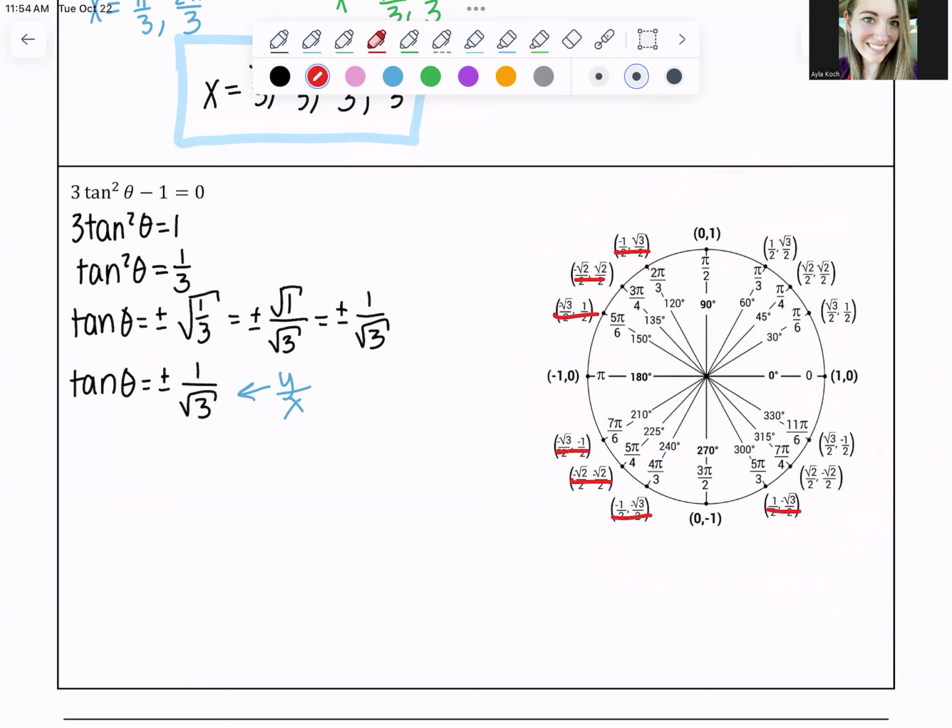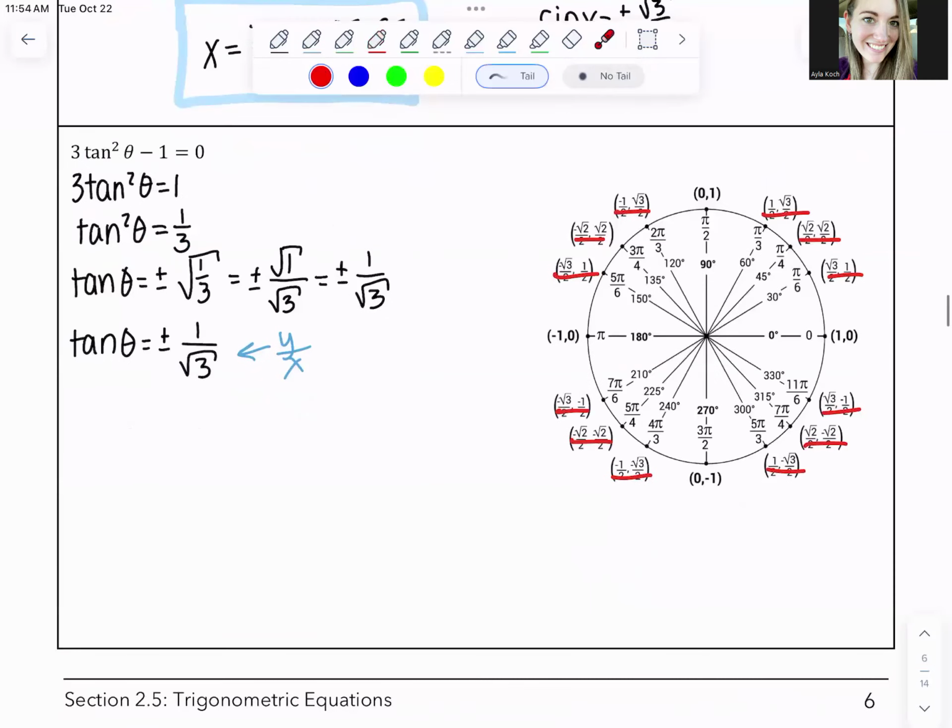Let's just say you don't have the tangent values memorized completely. So you can just divide the numerator by the numerator in the other fraction here. So y divided by x, we want it to be 1 divided by square root 3, right?